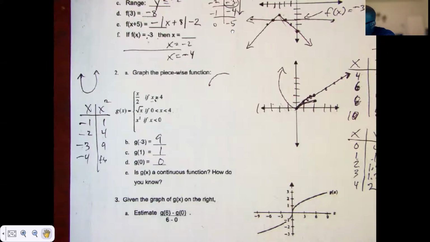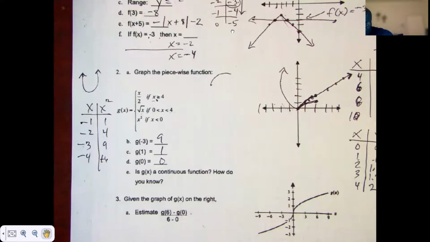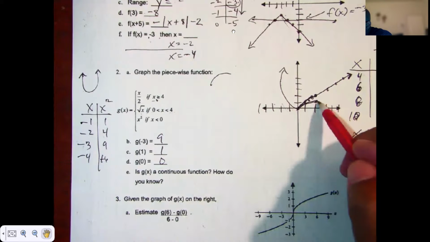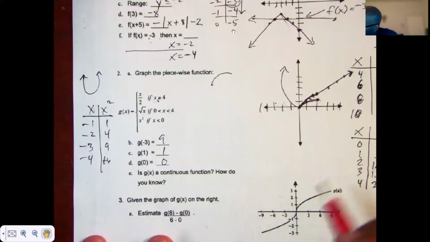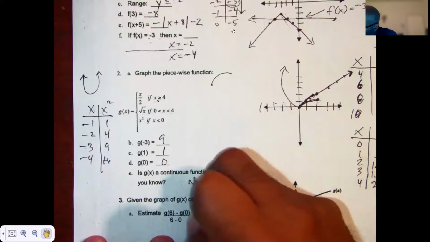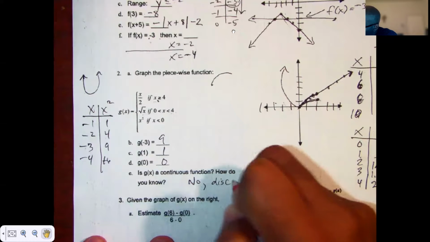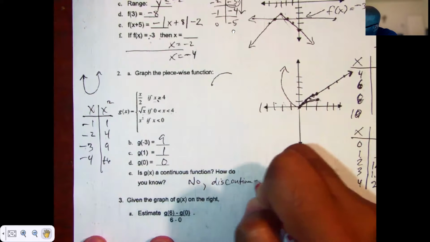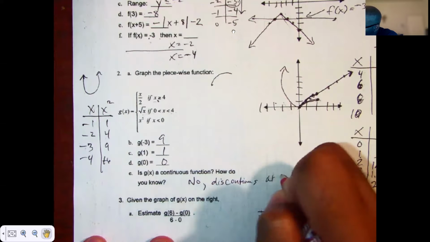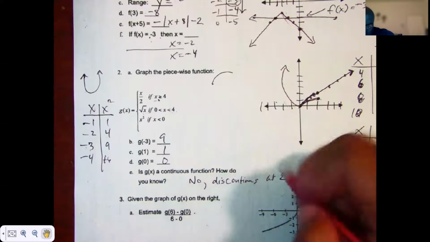Is g of x a continuous function? How do you know? It is continuous. Let me see. No, discontinuous at 2. At x equals 4.